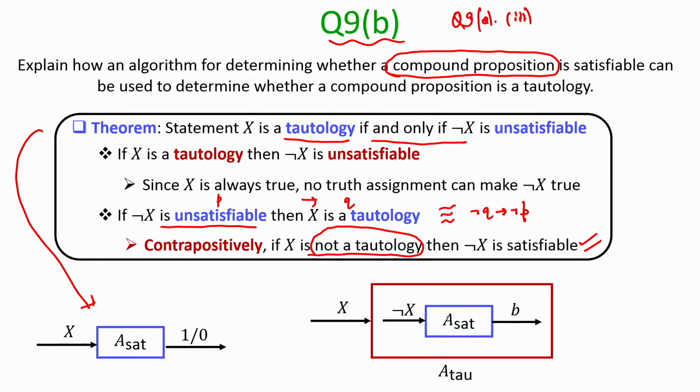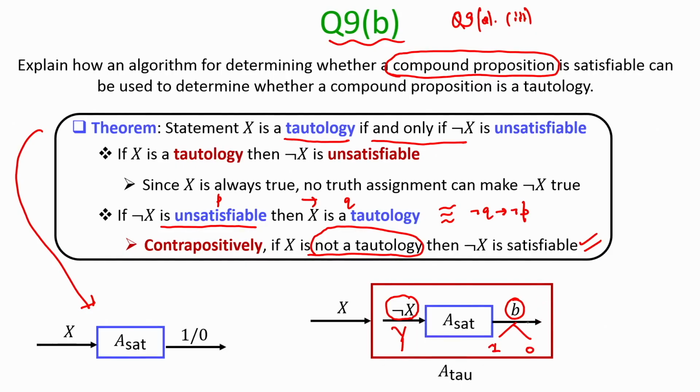What I am going to do is, my algorithm A tau will do the following. It will first find a negation of my input x. I call that expression y, and I give the compound proposition y as an input to my algorithm ASAT. The algorithm ASAT will give me a yes no answer. It will give me the answer 1 if y is satisfiable, and the answer 0 if y is not satisfiable.